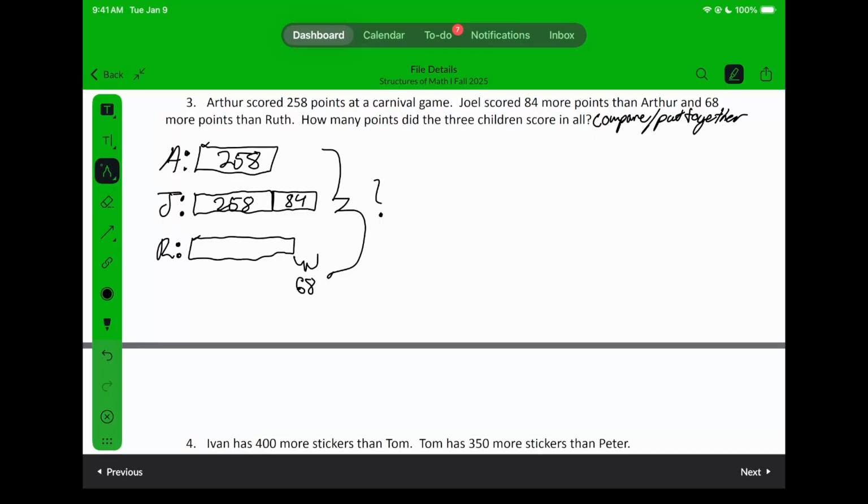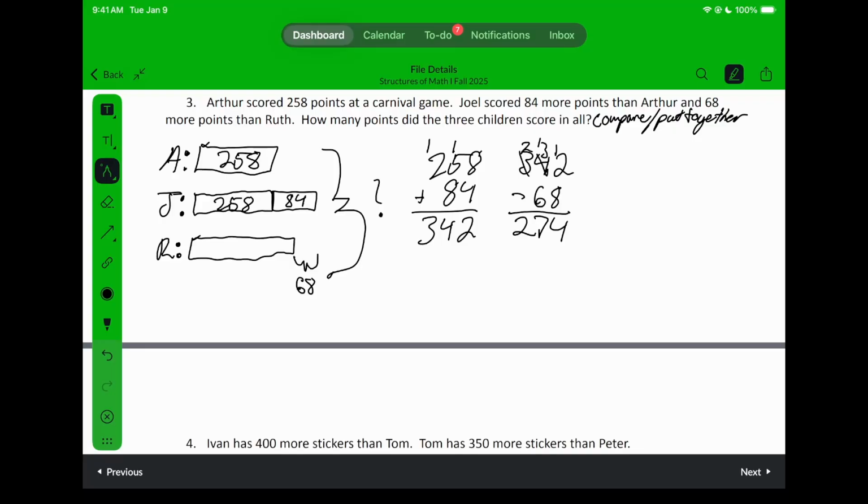But knowing what we do now, we can do 258 plus 84 to get 342. So now we know Joelle has 342. In order to find Ruth, we need to take Joelle's 342 and subtract 68 from that to get 274. So now we know Arthur's 258, Joelle scored 342, and Ruth scored 274.